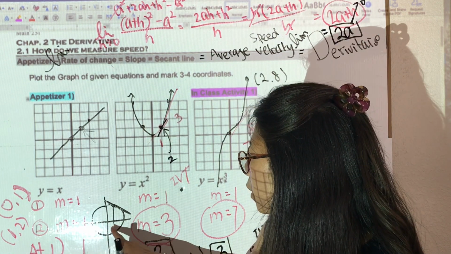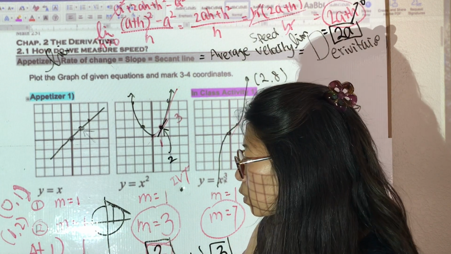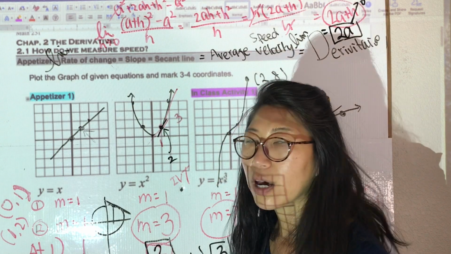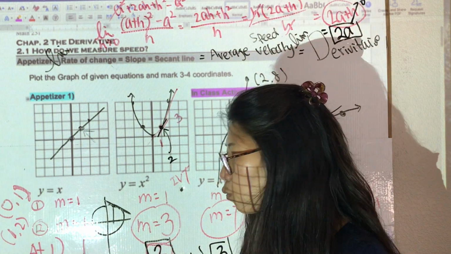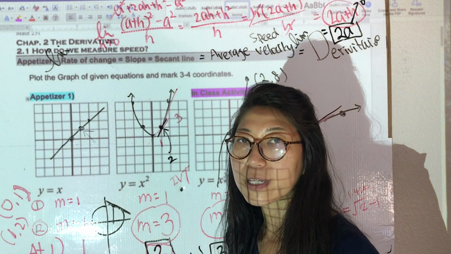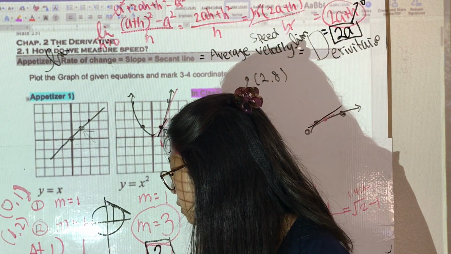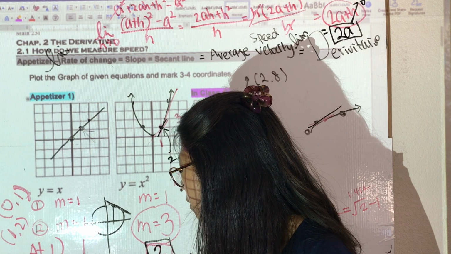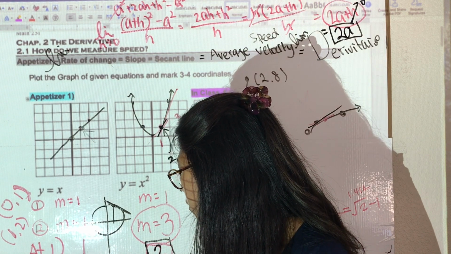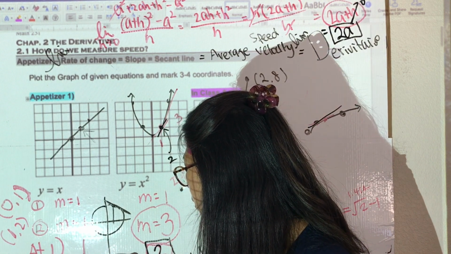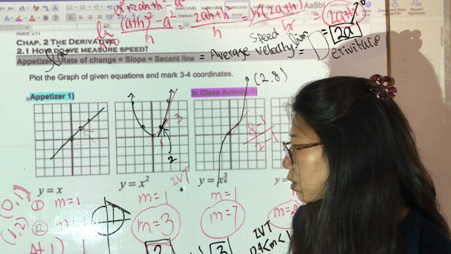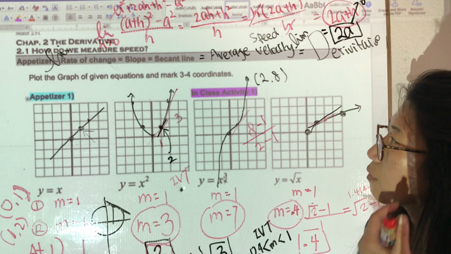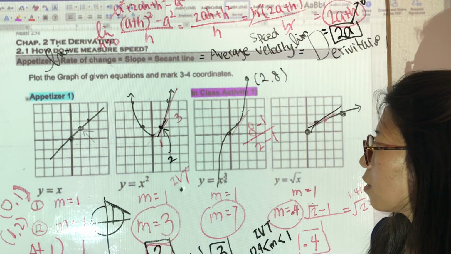So when we have a circle, which is not a function, we have a different way of taking the rate of change, which we call implicit derivative. So just wait for this section when it comes, about 3.7 or so.